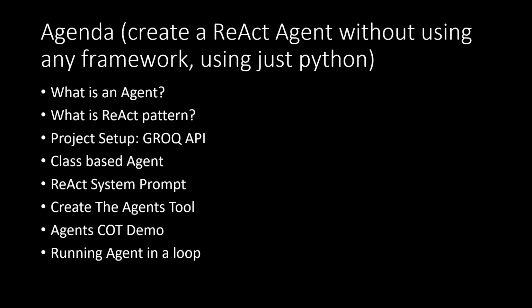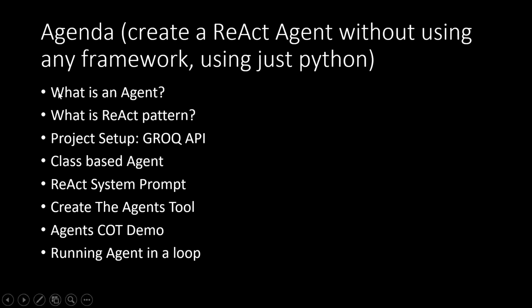I want this session to be more hands-on. Instead of running behind some typical definitions of AI agents or agentic AI, we will try to build something and see what we have built, what it can do, and what it cannot do.